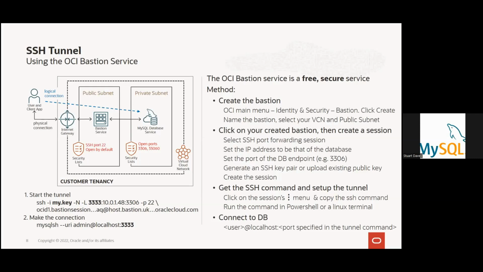Typically, this will be either 3306 or 33060. If you're using the X protocol, you will need 33060. Don't leave it at the default 22 in the dialog, because if you leave it on the default 22, nothing's going to work. So you've got to change the port to 3306 or 33060.